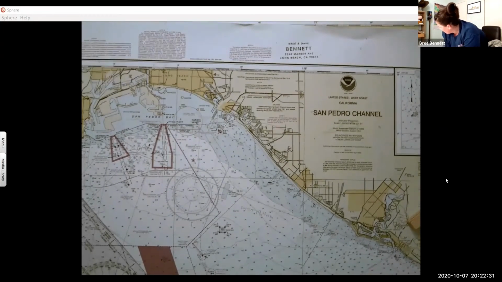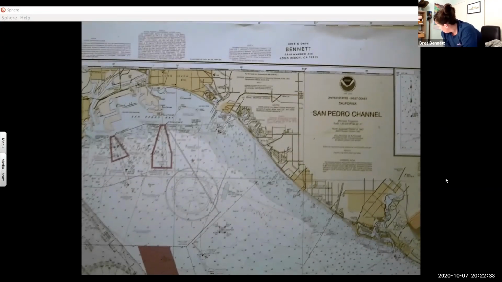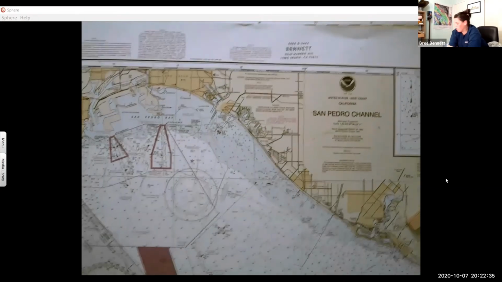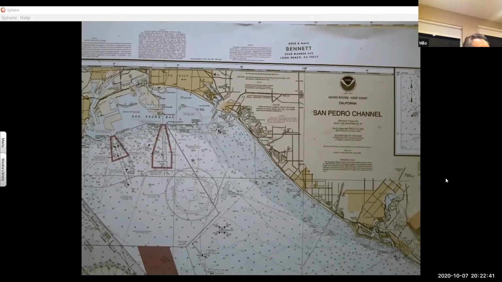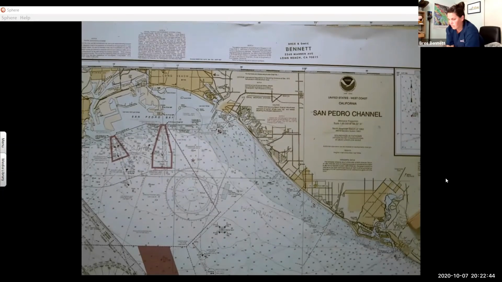And then it says plot your DR for hourly positions. Did it give me a departure? Yeah, 1240. Oh yeah, it did.